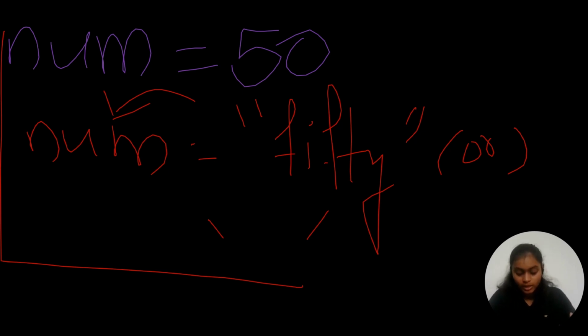And one more interesting part: for example, I am considering a number 50. Here we don't have any limit in assigning values to a variable. But in other programming languages, we have limits. A particular data type can occupy only a certain amount of space in memory.